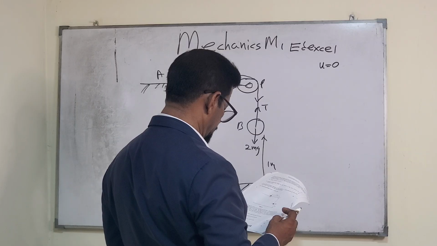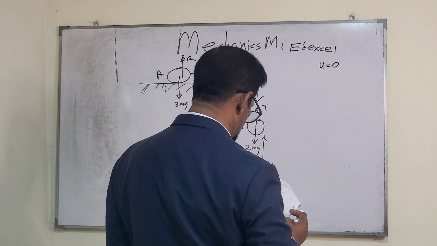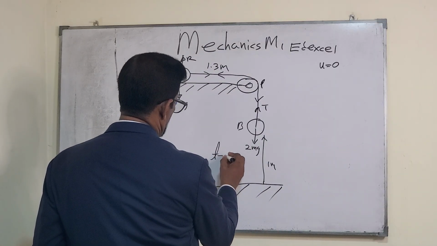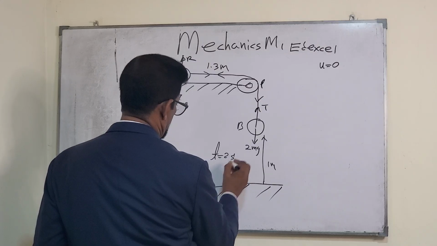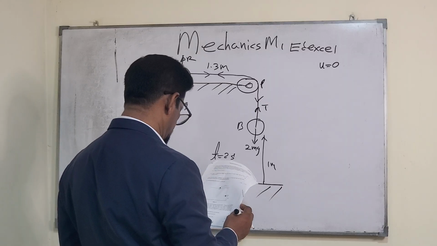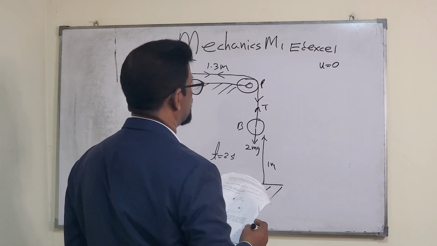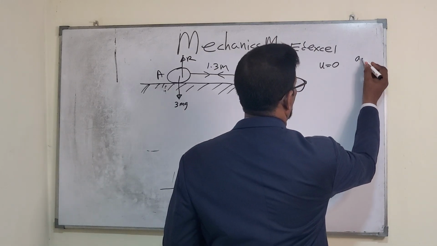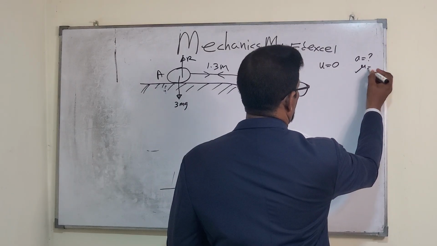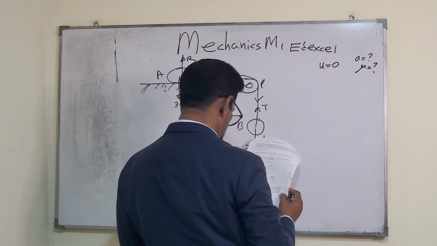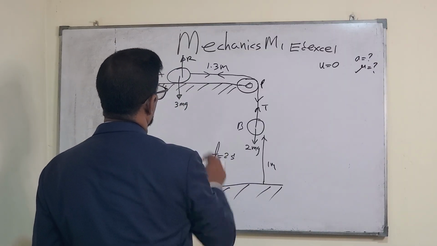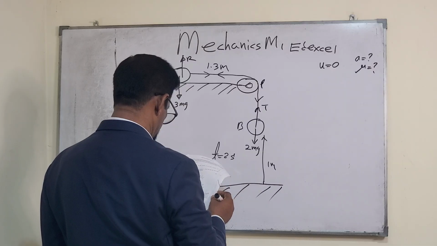Given that B hits the floor 2 seconds after release and does not rebound. Find the acceleration during the first 2 seconds. Second, find the coefficient of friction mu, and determine whether A reaches the pulley, yes or no.